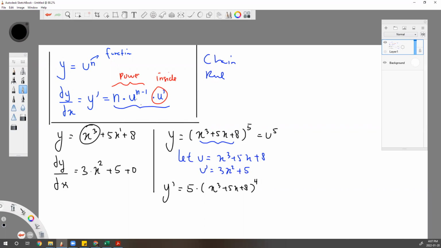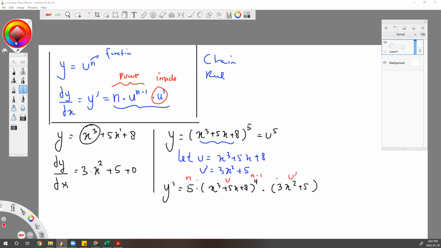I think you can see the idea now: n times u power n minus 1, and then times u accent, times this 3x squared plus 5. Or the simple way, n times u power n subtract 1, and then times u accent.